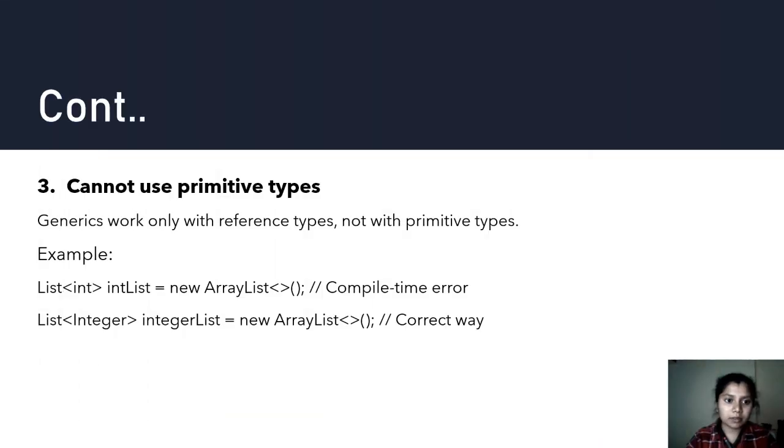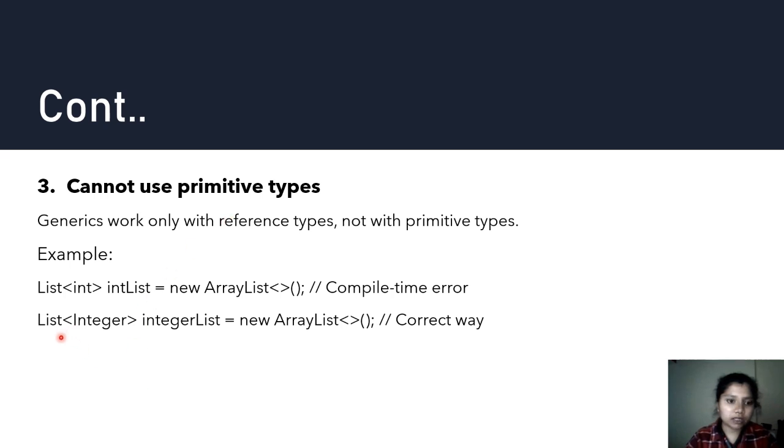Next, the third limitation is that generics cannot use primitive types. Generics only work with reference types, not with primitive types. Here is an example which shows this.